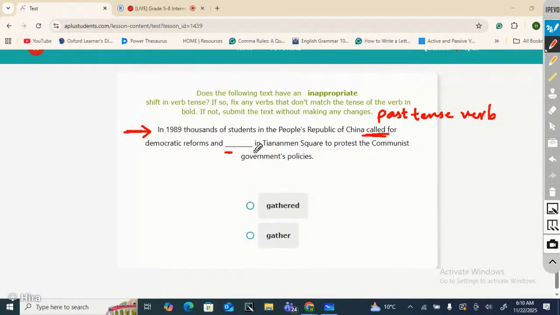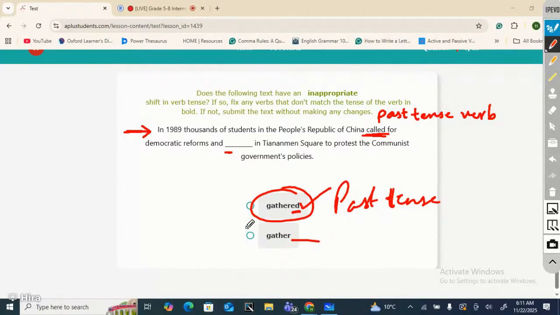So we need to add another past tense verb, gathered or gather. Called for democratic reforms and gathered in Tiananmen Square. So the past tense is gathered, because regular past tense verbs end in ed. So we know it's a past tense verb. This one is wrong, because it is present tense, so we cannot make an inappropriate shift in verb tense.